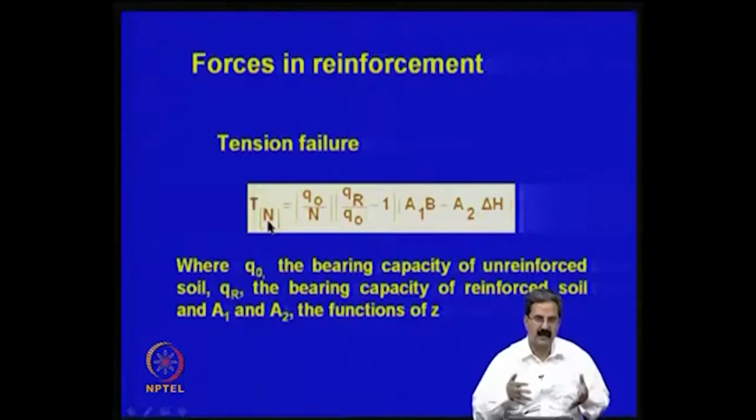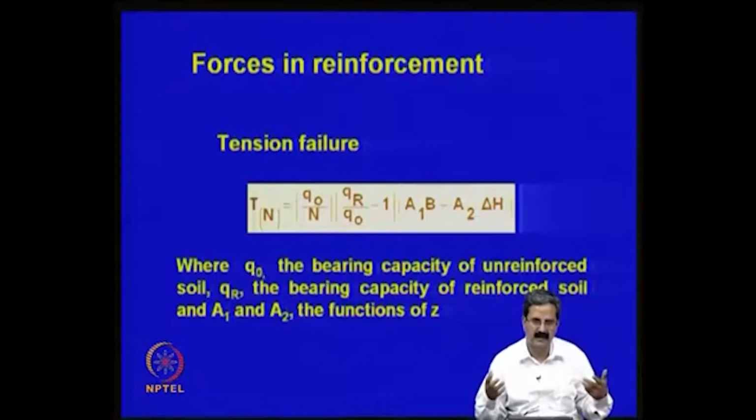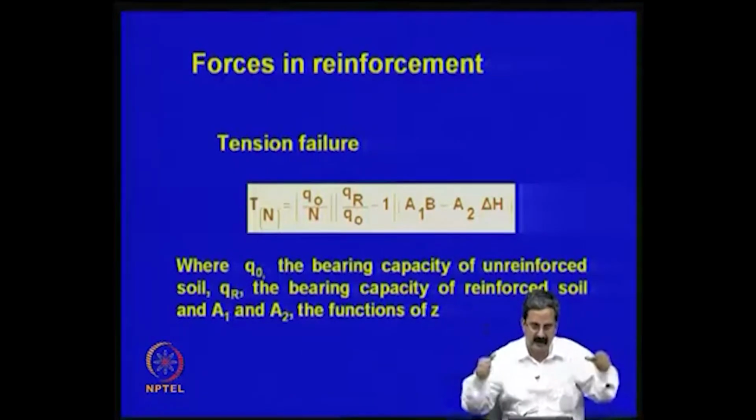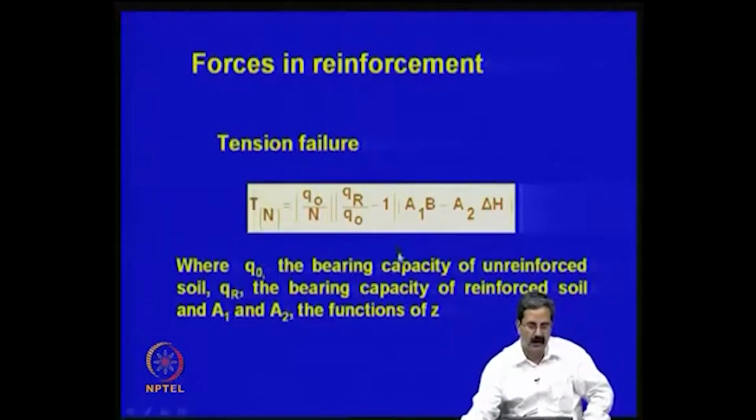Essentially the concept is that you calculate the shear stress distribution, then you make some simplified assumptions, put a roller there, and then, depending on the load applied, calculate the tensile force. Okay.